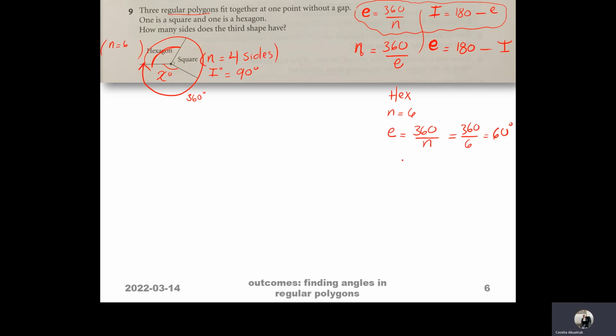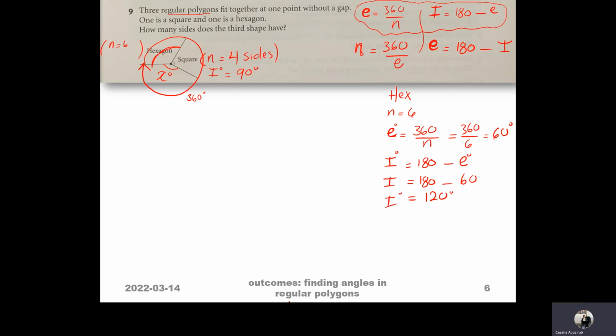The exterior angle, sorry. It's 60 degrees. Okay, the interior angle is equal to 180 minus the exterior. So it will be 180 and we substitute the exterior as 60. So the interior will be 120 degrees.